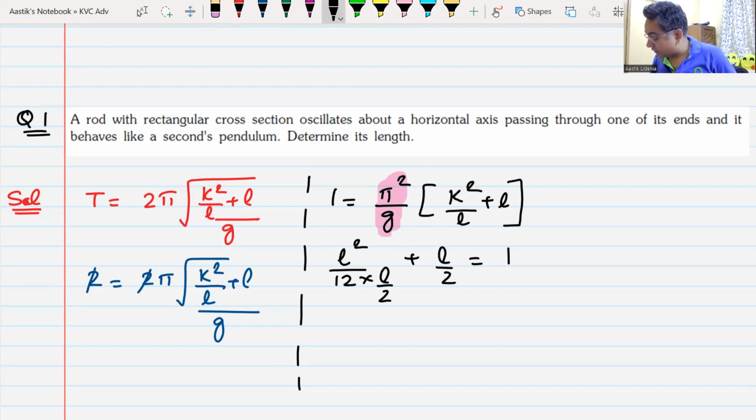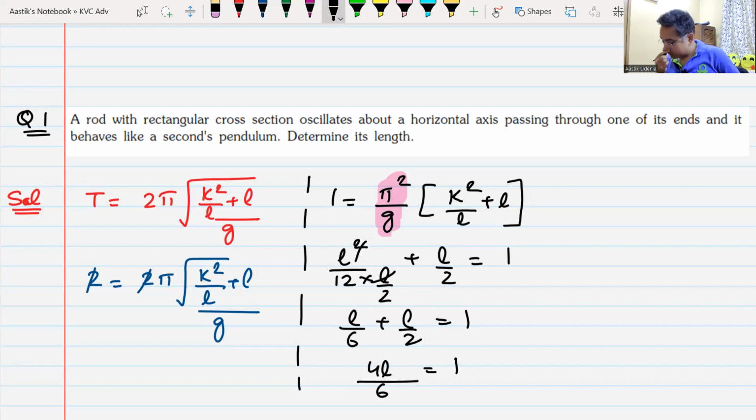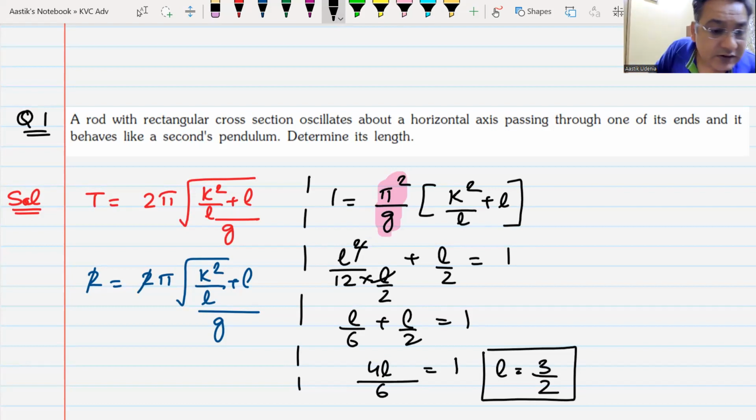Remember, this L is not the length of the rod, it is the distance of the point. So from here, L by 6 plus L by 2 is equal to 1. That gives 4L by 6 is equal to 1. So 6 by 4, 3 by 2, L will be equal to 3 by 2 meters. That is the answer that we were looking for.